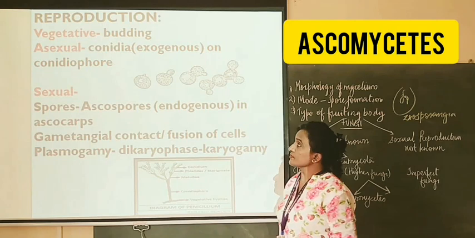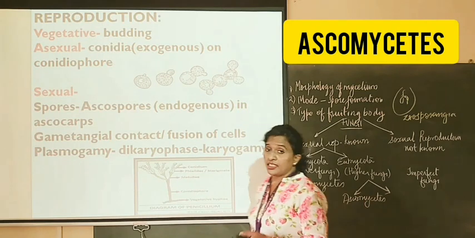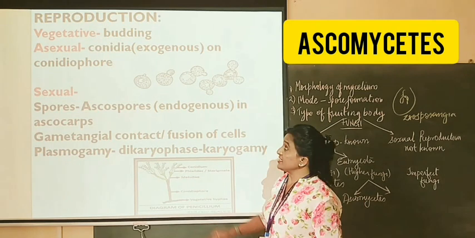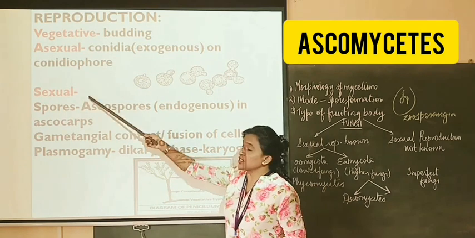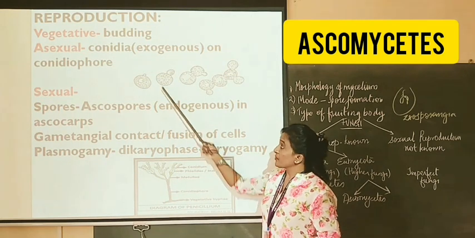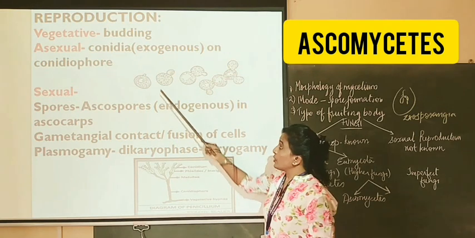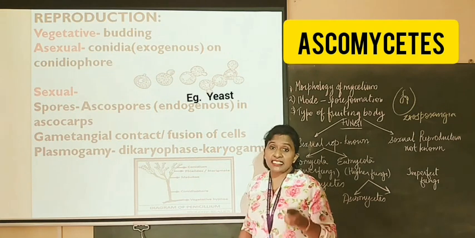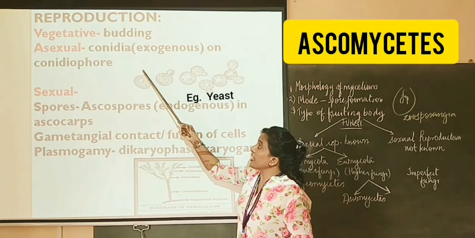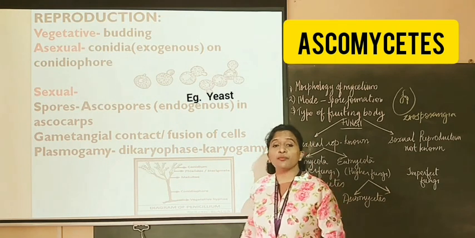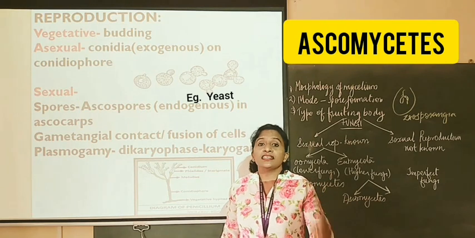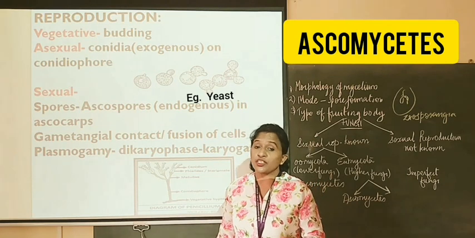The reproduction in ASCOMYCETES is vegetative, asexual as well as sexual. We know what is budding, wherein the parental cell gives rise to a small bud, and that bud gets detached from the parental cell and gives rise to an individual.